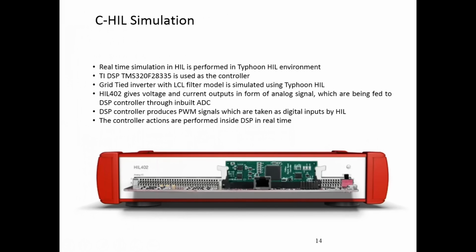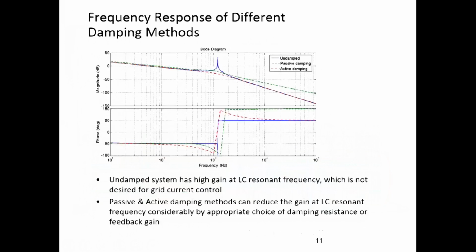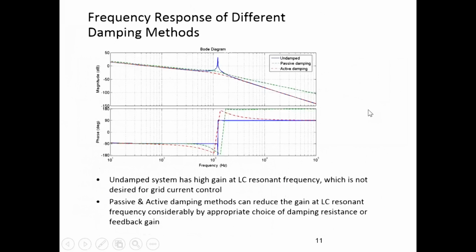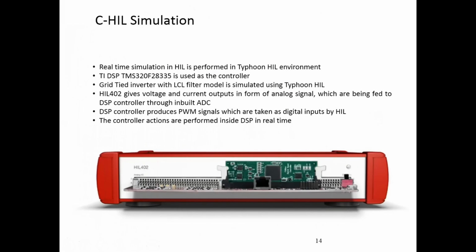So as I said, in this case, we again went to a HIL 402 system where we emulate this entire system that you see out here with the converter, the LCL filters, the grid, and now we can actually interface a real controller.